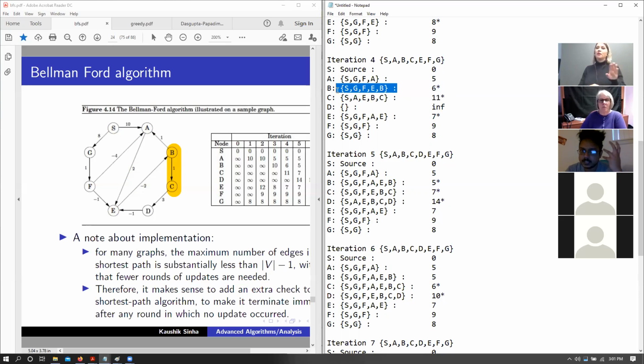So for B, we have this particular path SGFEB. So we have SGFEB, and then we go to C, that gives us an updated value of 7. We already looked at E as well. E had an updated path of SGFAE. So SGFAE to B gets us a value of 7 minus 2. So that gives us a value of B equals 5.